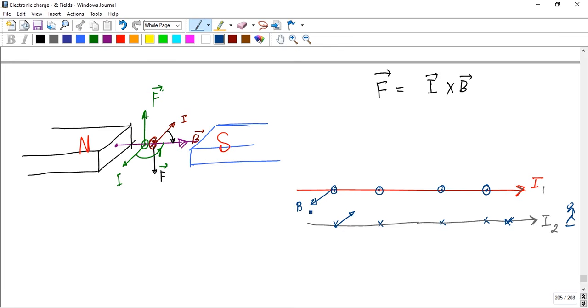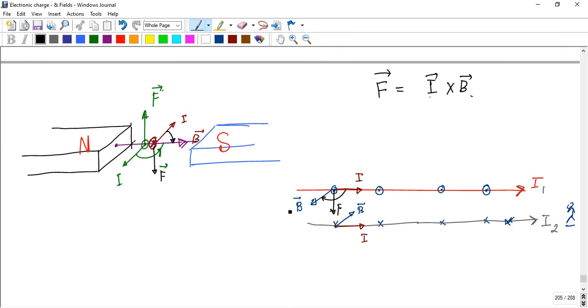So that is a B, that is a B, the current direction is I, and here the current direction is the same, I. Now there is a force, the force equals I cross B. So I cross B gives a clockwise, so downward direction; the force is downward.